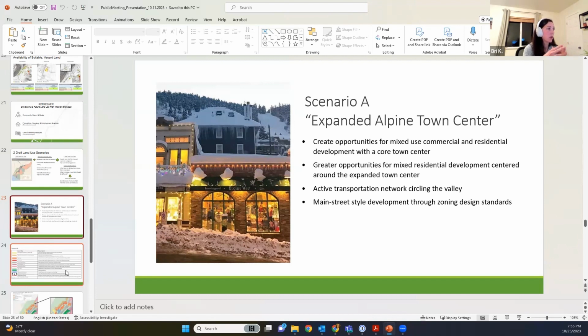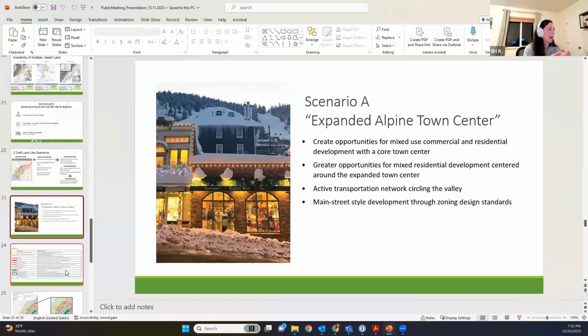On this one, we also included an active transportation network that was iterated in your vision and goals several times, the goal of being able to get around Girdwood on trails. When we say active transportation network, the vision for that is something like a multi-use trail, like the green belt system you see in Anchorage.